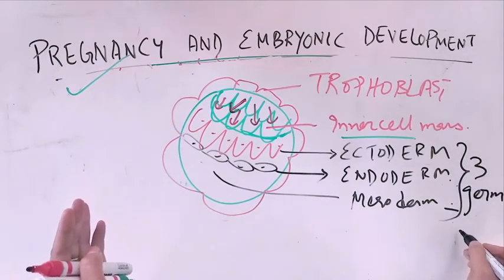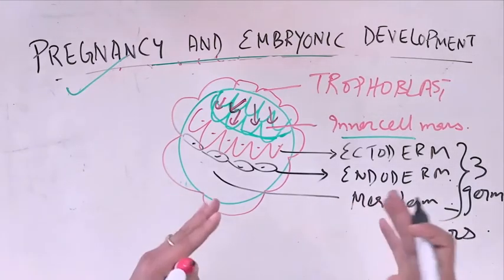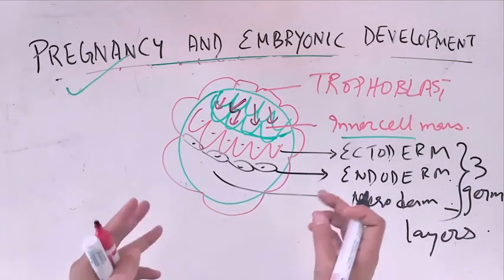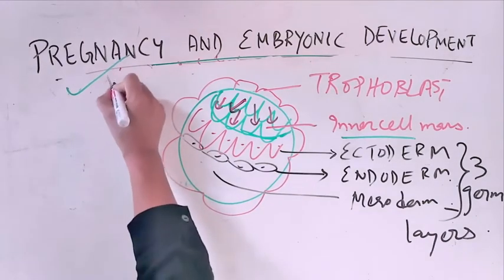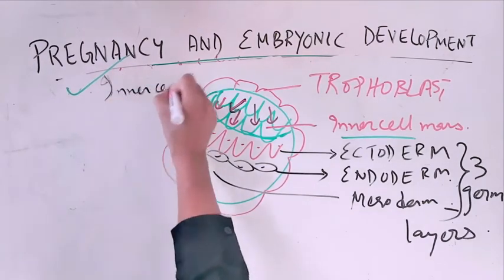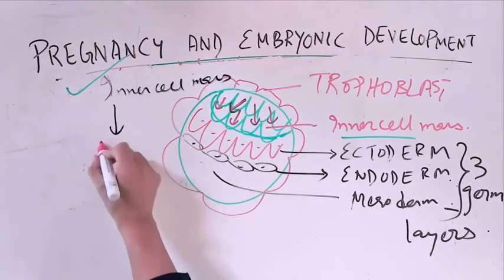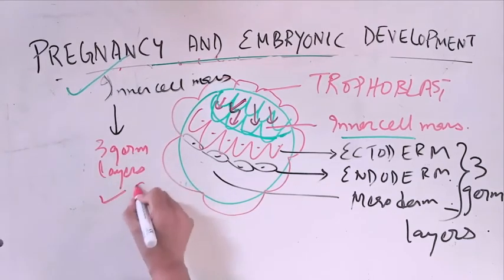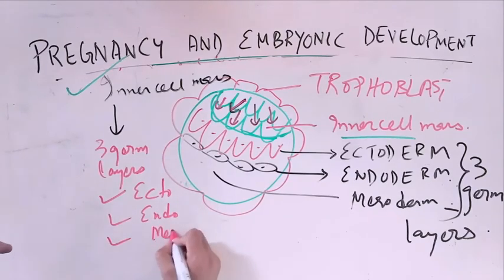3 germ layers. These are not sex cells or germ cells, they are the 3 germ layers of the body. So this side I will write down: the inner cell mass will form 3 germ layers. Number 1 ecto, number 2 endo, and between them is mesoderm.